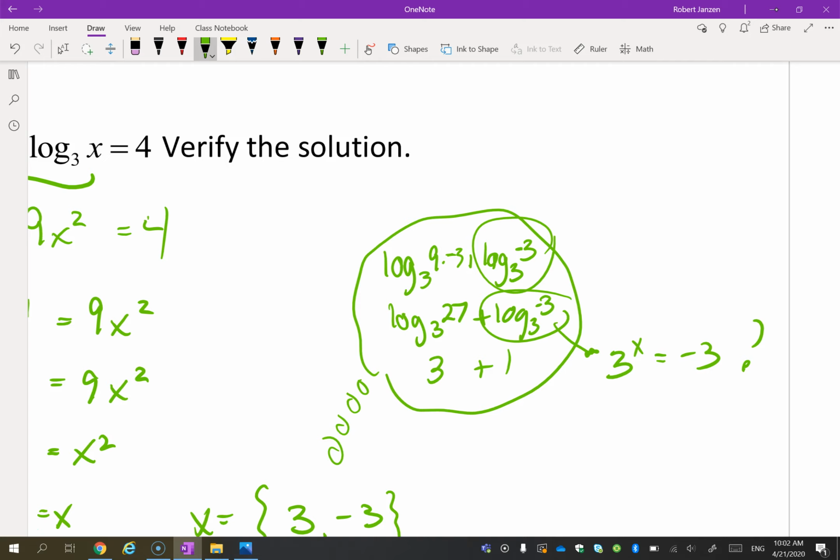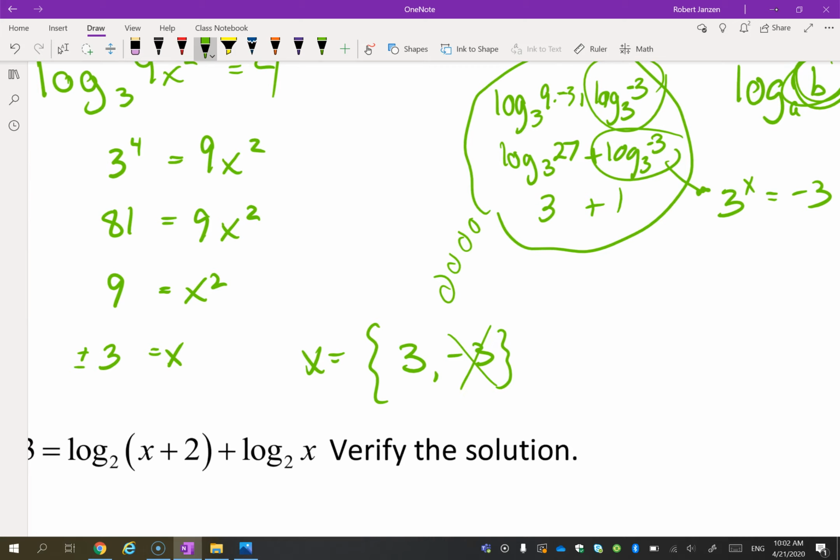And if you remember our rules about logs, we had some rules about what this had to be. This has to be greater than 0. So that's what you're looking for. You're looking for making sure this value is greater than 0. Okay, so, having said that, we now have to cancel that answer out.